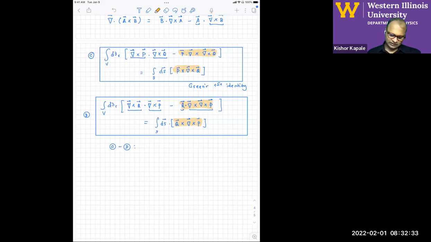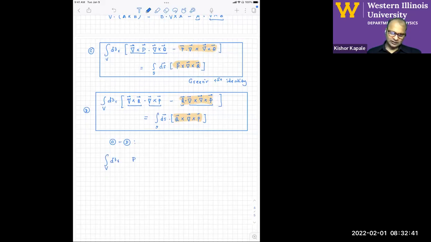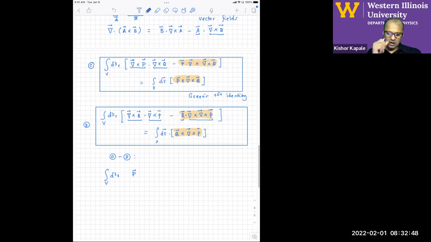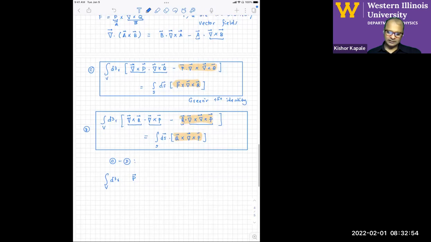So let's write this down. We're going to get, inside the volume integral, it is going to be, okay, sorry, the negative sign, right?